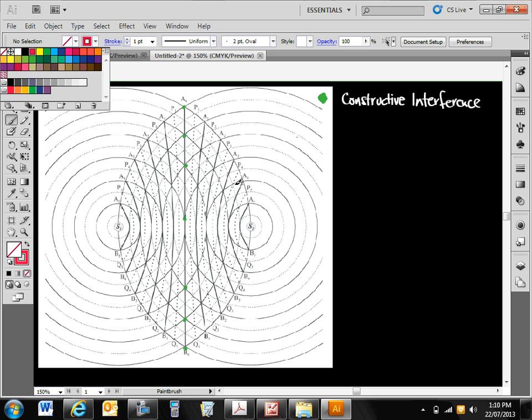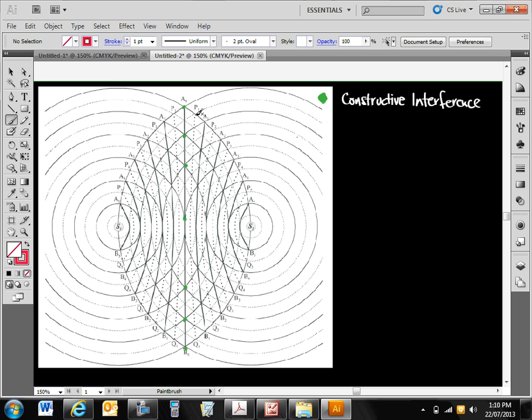I'm going to mark some red dots here through P1, O1, where there's destructive interference occurring. We've got crests meeting troughs at these points. I'm not going to mark every point.